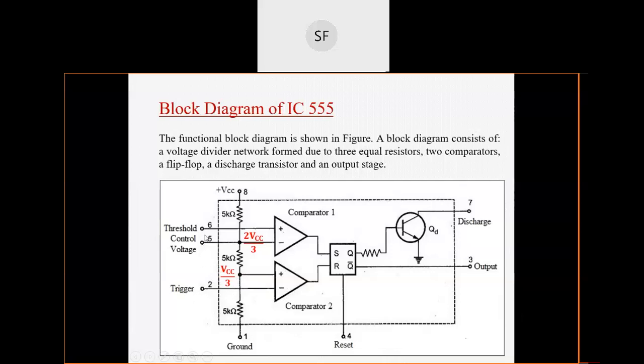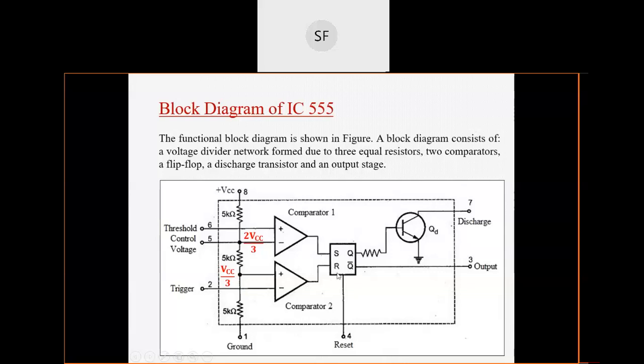So by using pin number 2, pin number 5 and pin number 6, you can control the function of comparator 1 and comparator 2, and depending on the comparator 1 and comparator 2 outputs, you can again control the inputs of your flip-flop.